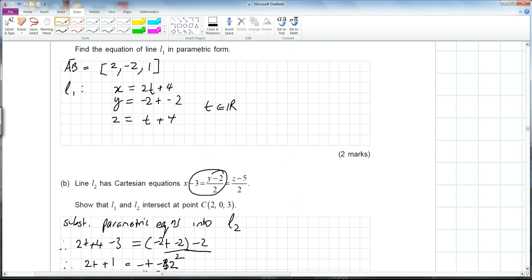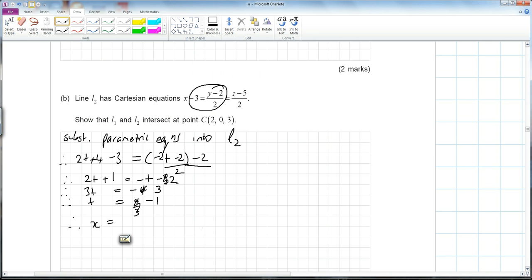Substituting that back into the parametric equations, we've got x is equal to 2 times minus 1 plus 4, which is equal to 2.